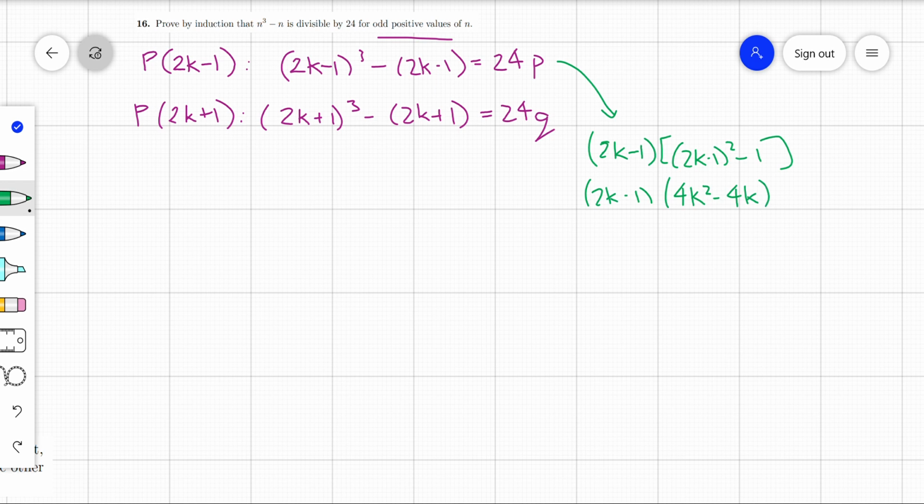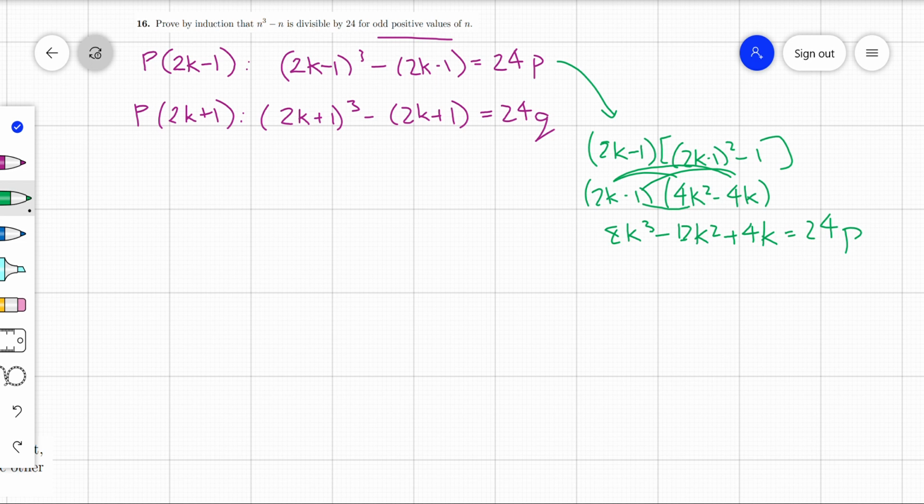So 4k squared times 2k gives 8k cubed. We're going to get a negative 4k squared and a negative 8k squared, so that's negative 12k squared. And then a positive 4k. So we know that 8k cubed minus 12k squared plus 4k is equal to 24p.